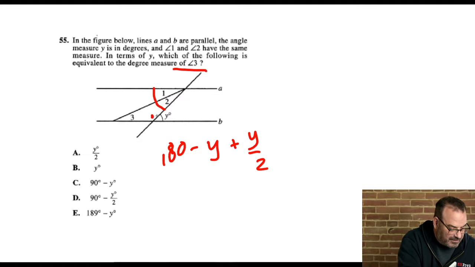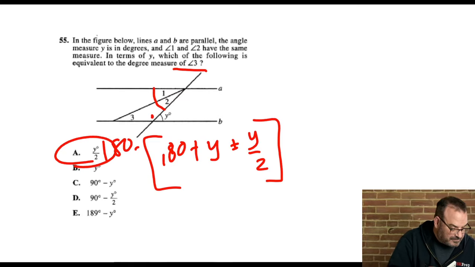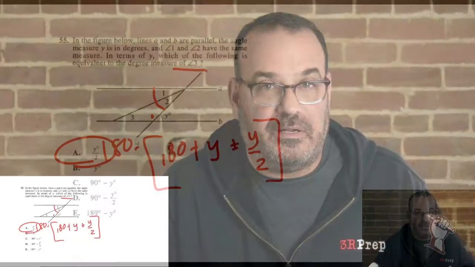That's going to be that angle there. And then the whole thing, angle 3, is going to be 180 minus this. So let's change that to a plus and this to a minus. It's going to be y over 2. Are they equal? Yep. Going to have to work that one out again.